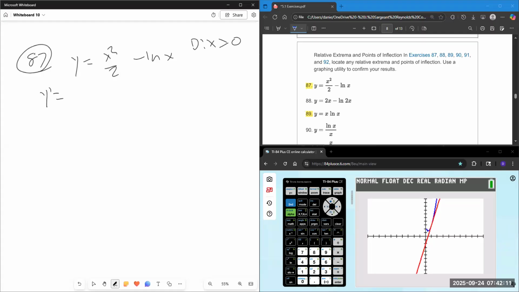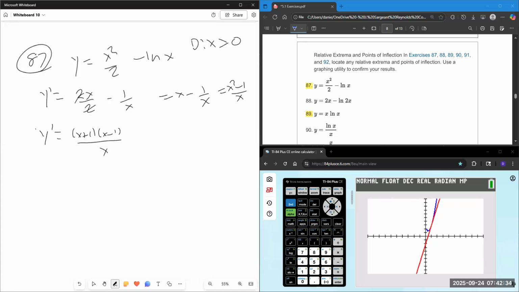Y prime is 2x over 2 minus 1 over x is x minus 1 over x, or x squared minus 1 over x. So I have y prime is x plus 1, x minus 1 over x.